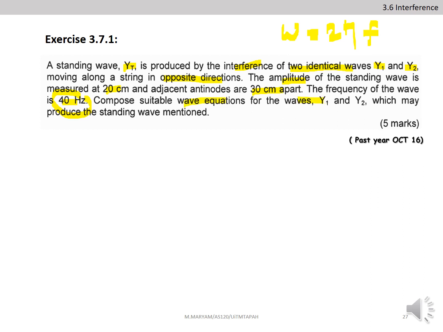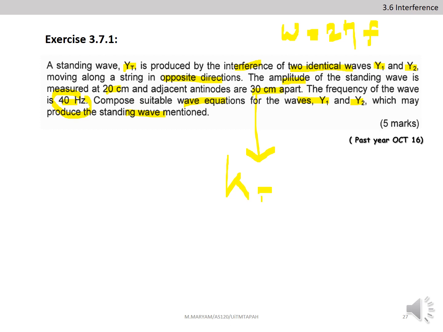Then compose suitable wave functions y1 and y2 which may produce this standing wave. The amplitude is already given, the frequency we can find omega from, and from the adjacent antinodes we can find the value of k.